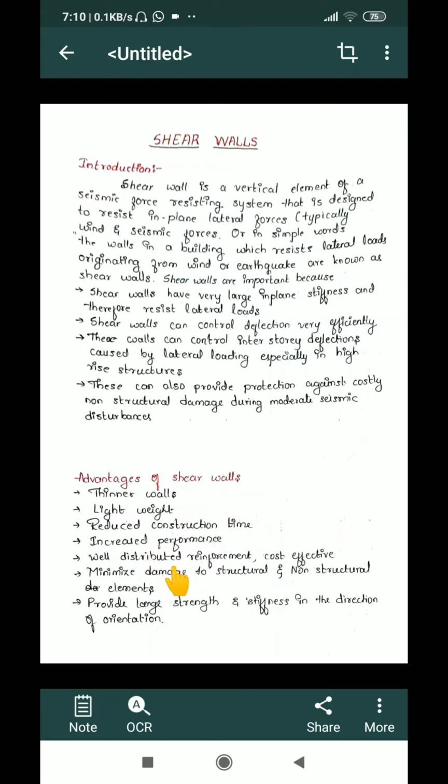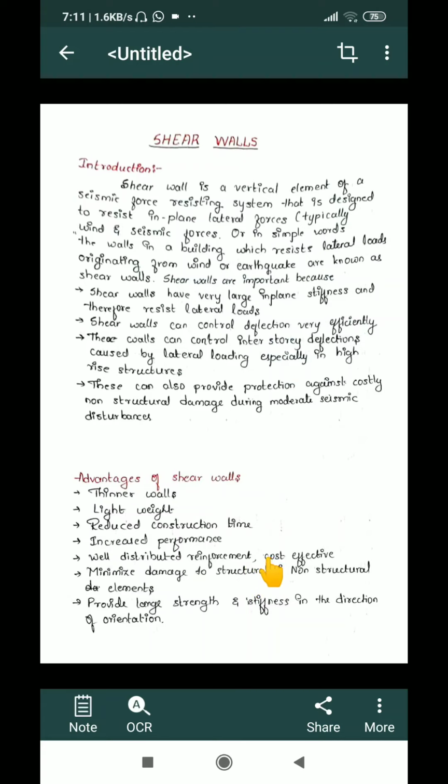Increased performance, as you have observed in the previous explanation, it will reduce deflections, lateral deflections or story drift, as well as provide safety against lateral loads more efficiently. Then well distributed reinforcement, hence these are cost effective.